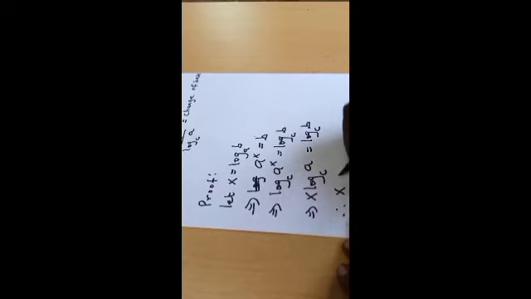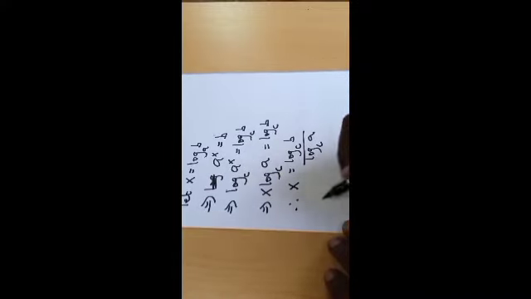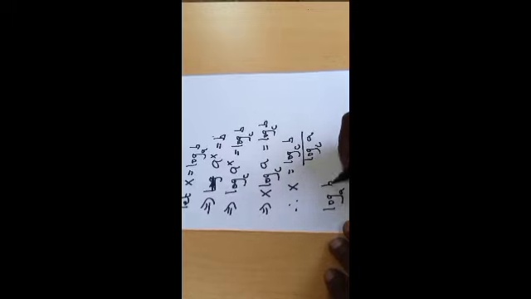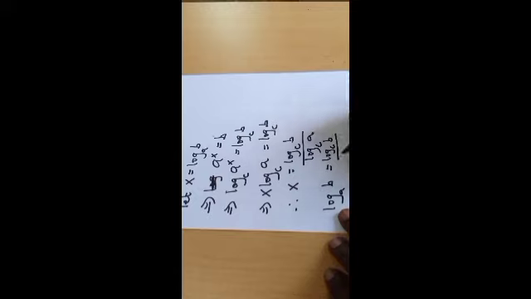Therefore, our x will be equal to log base c of b all over log base c of a. But we know what our x is. Our x is log base a of b, and that must be equal to log base c of b all over log base c of a.